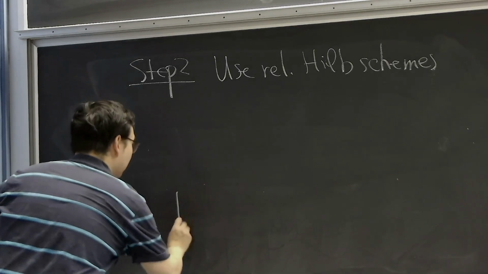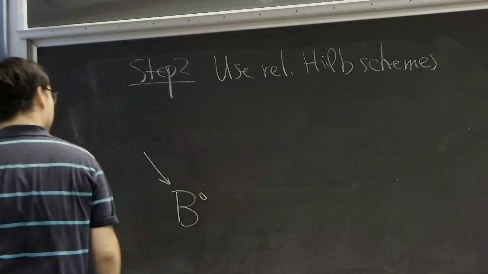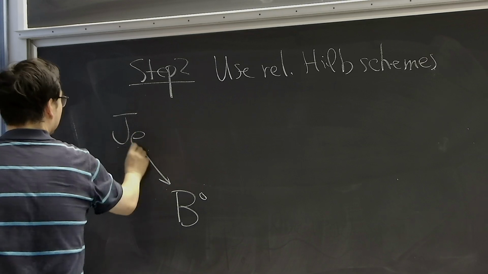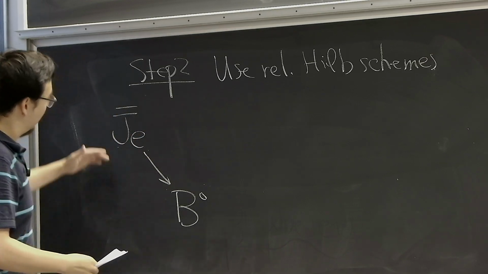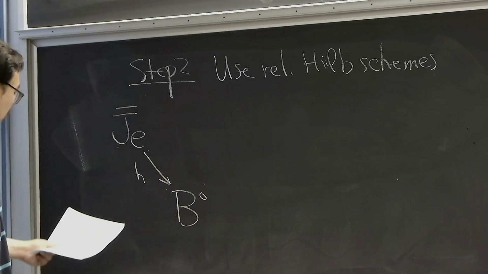So the B0 here. We have the compactified Jacobian of these sheaves, so this is H. I still use H to denote it.